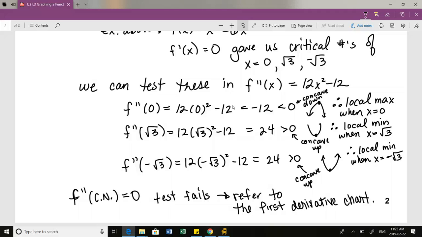Or maybe we have a specific point where the derivative is undefined, something like that. Those are scenarios where we want to refer back to the derivative chart, and maybe we'll see increasing and say, oh, that's neither local max nor local min.